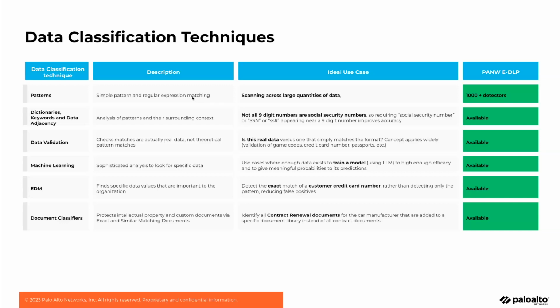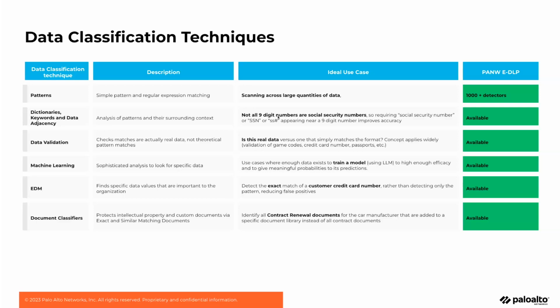The overall takeaway from this is all of these techniques are available in the Palo Alto Networks Enterprise DLP product today. But I want to recap so that all of you know the typical use cases for typical techniques.